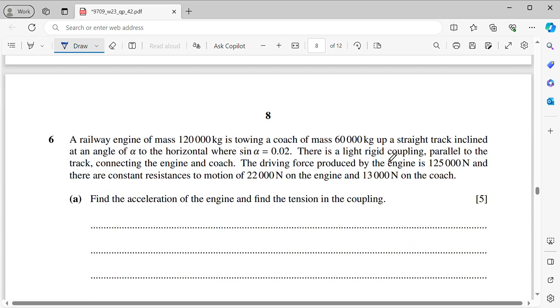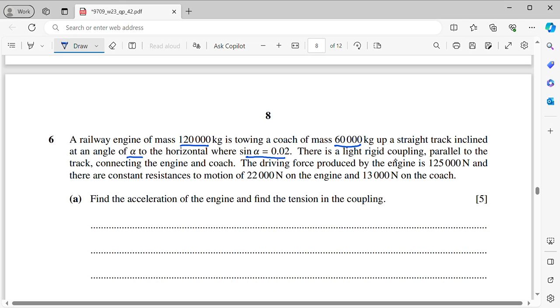Now question number 6. A railway engine of mass 120,000 kg is towing a coach of mass 60,000 kg up a straight track inclined at an angle of alpha to the horizontal, where sine alpha is 0.02.